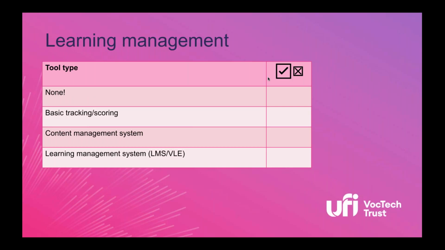You might wonder why I've put a row in there saying none. And this was just a reflection when I was going through the presentation earlier. On a surprising number of occasions when I've been talking to organizations and individuals who are early in their journey towards online learning, I have heard an assumption that basically you can't do online learning without any form of learning management.